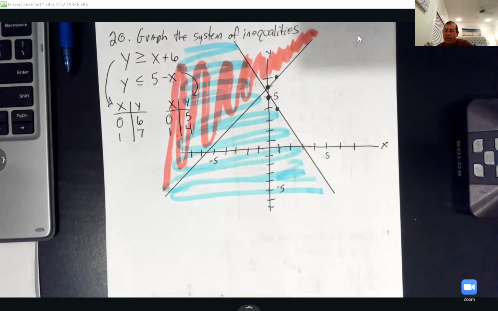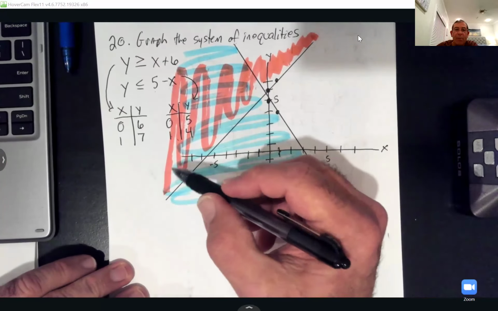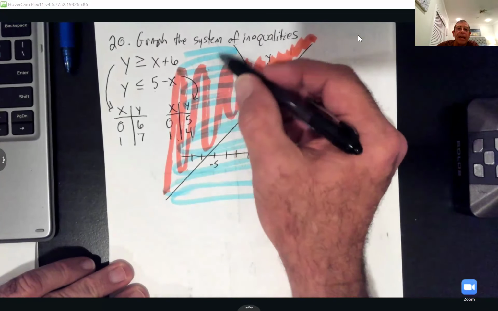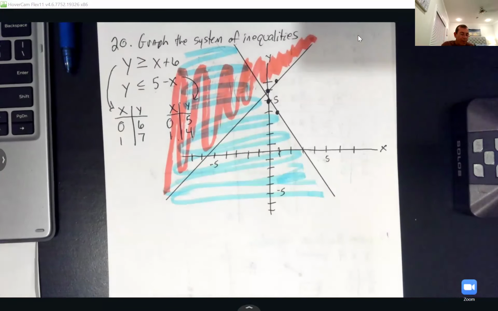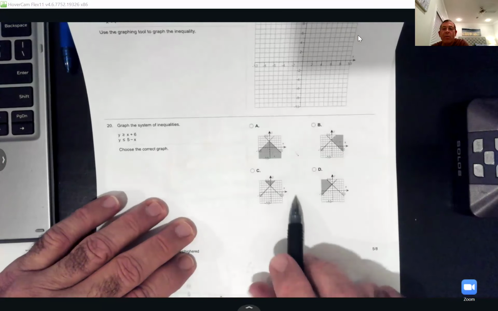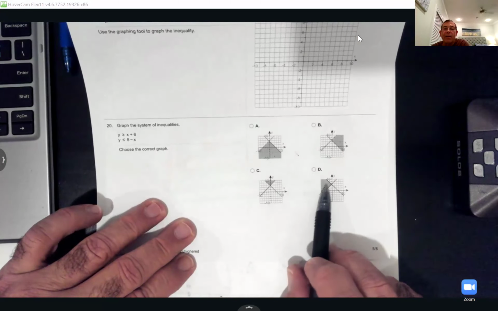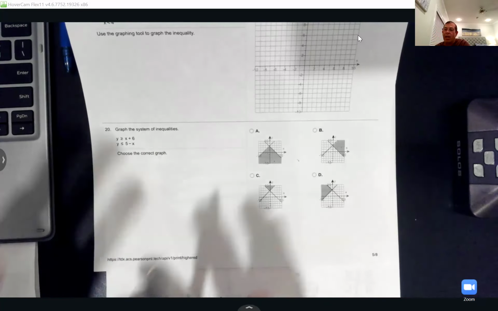Which means on the test, the region I would pick would be the region that has both the blue and red shading. Look here on this graph, it would be D. It's only going to give you the answer of the double shaded areas, okay?